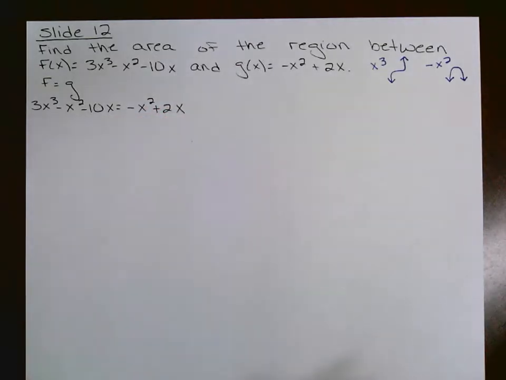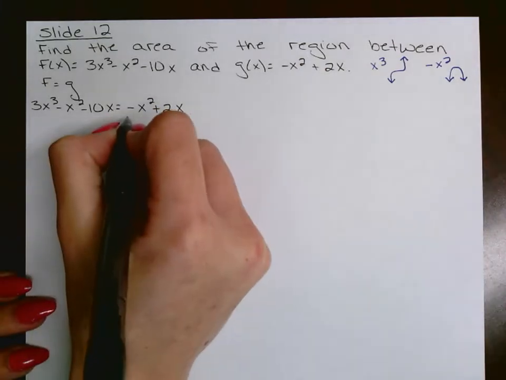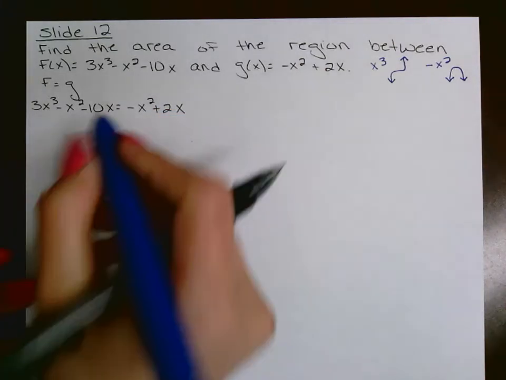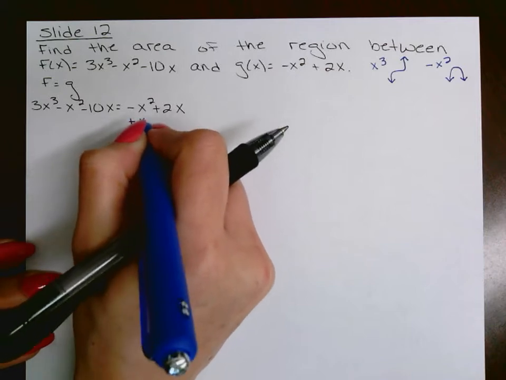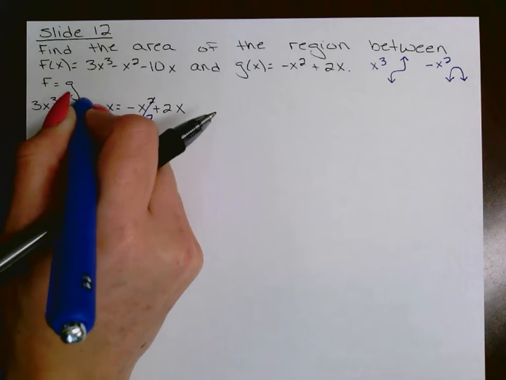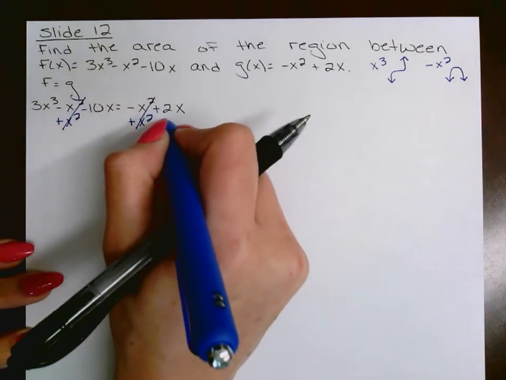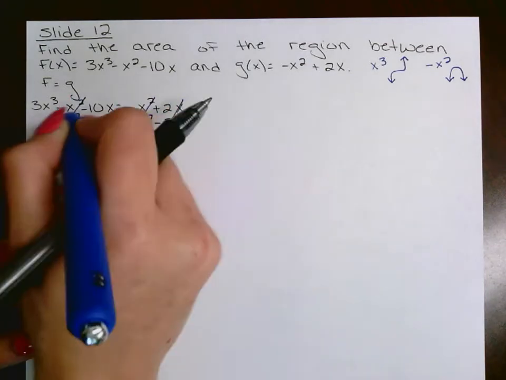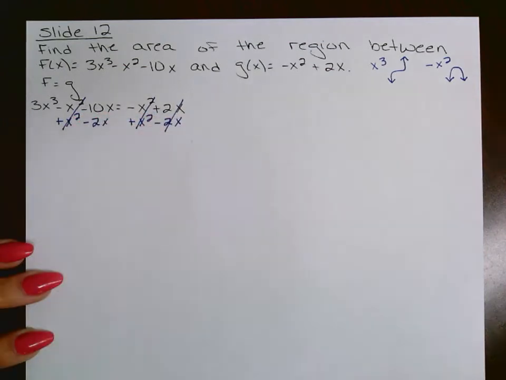Now, my suggestion to you is to move everything over to the same side. So I'm going to, let's get a different color. Add this x squared, which also happens to cancel out here. And I'm going to subtract the 2x.